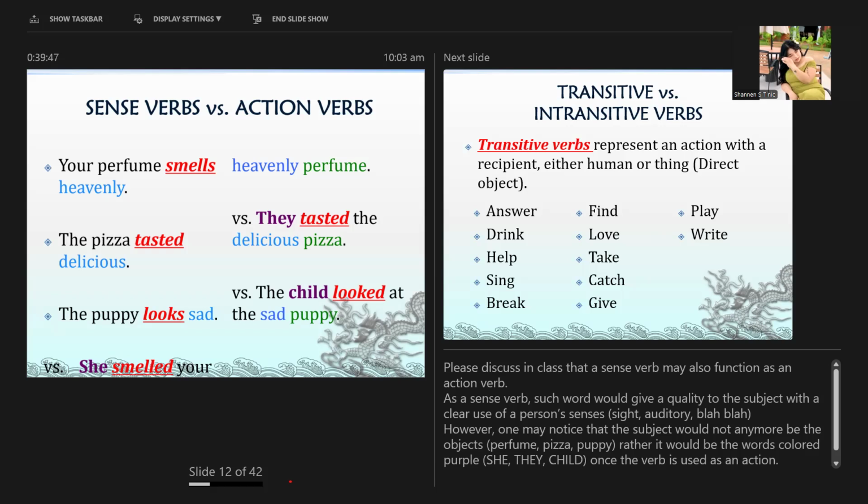They smell the horrendous well. Okay. Dapat yung subject, yung gagawa ng action. They smell. They can smell. Okay, anybody else? Hindi ko mabasa yung sa'yo. Can you just say it out loud? The mentor looks happy. Oh yeah, that's actually correct. It's a sense verb.